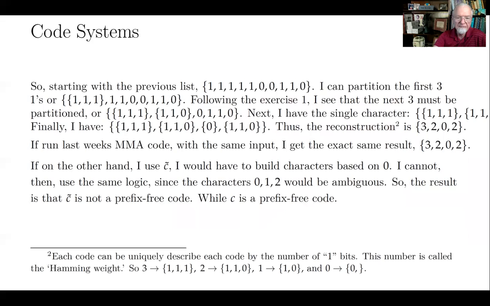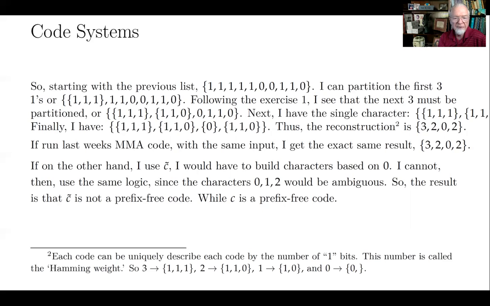So in the previous list, if we had this set of bits, we will find 1, 1, 1. So that will find the first one of 3. Then the next one has a 1, so we can do 1, 1, 0. So that's a 2.